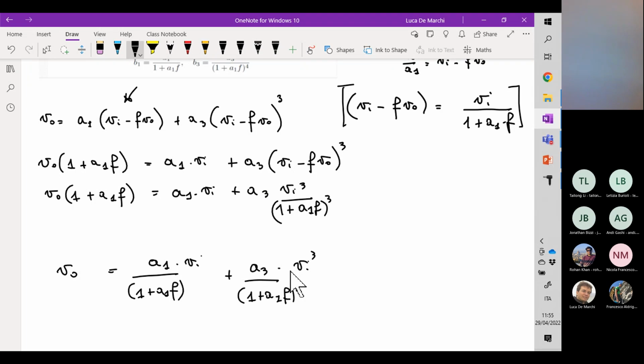And therefore, we can replace VO with this quantity here and say that VI is equal to VE plus F times A times VE. So bottom line is VI is equal to VE times 1 plus FA.